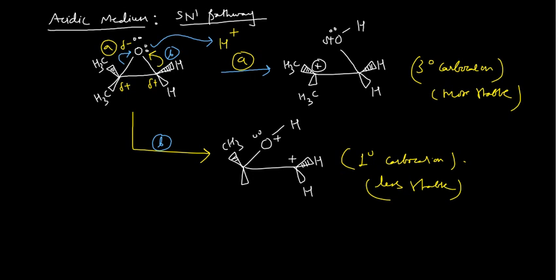Forget about this, I can draw it in another manner. Say, for example, you have proceeded your reaction with methanol. This is CH3, this is OH, two lone pairs are there. So this can attack at this position.